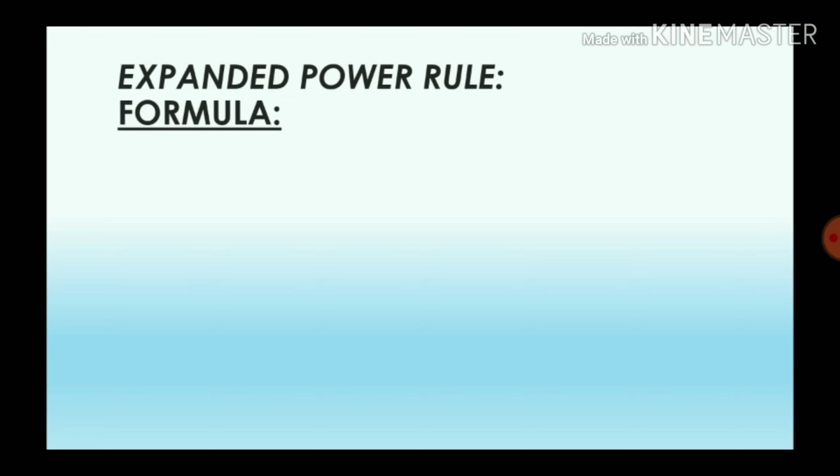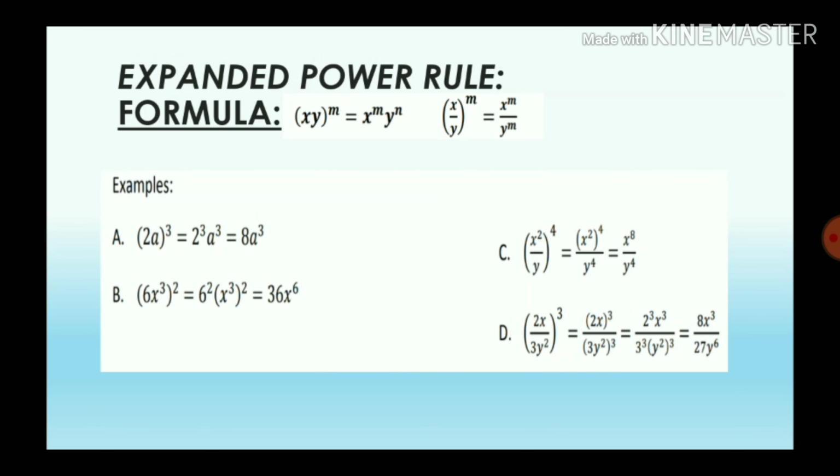Expanded power rule. Formula: xy to the power of m is equal to x^m y^m, or x over y to the power of m is equal to x to the power of m over y to the power of m. Examples.